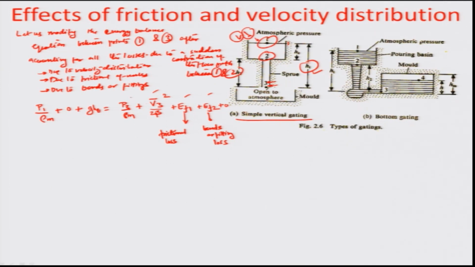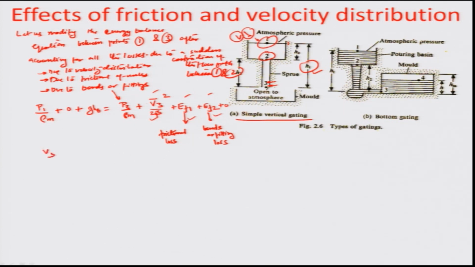So, on the right side at the juncture 3 you are accommodating for the loss due to the velocity distribution, the loss because of wall friction and the loss because of the sudden contraction and expansion. In this particular case, between 1 and 2 there has been a contraction, and because of that there is a loss. So, this loss has to be taken in the overall energy balance equation for good analysis.